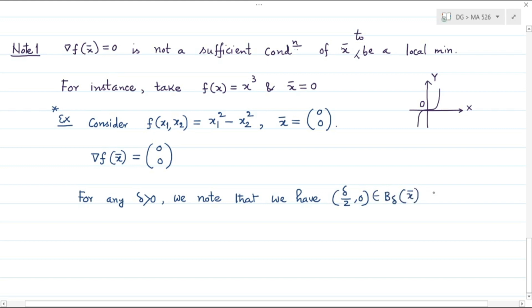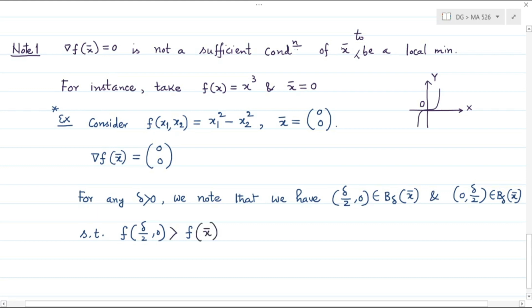We have this as well: (0, delta by 2) belonging to the delta neighborhood of the point x bar, such that at the point (delta by 2, 0), the function value is bigger than the function value at x bar.